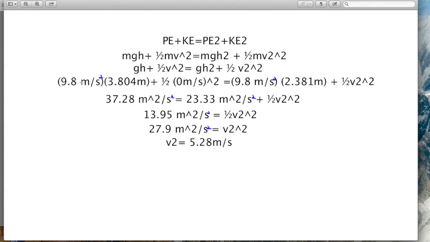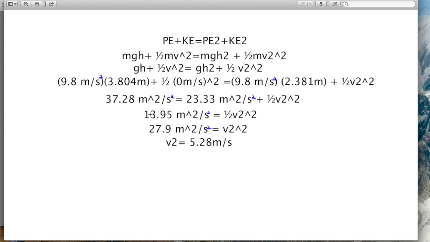So it's 9.8 meters per second squared times 3.804 meters plus 1/2 times 0 meters per second squared equals 9.8 meters per second squared times 2.381 meters plus 1/2 v2 squared. I calculated and got 37.28 meters squared per second squared equals 23.3 meters squared per second squared plus 1/2 v2 squared.